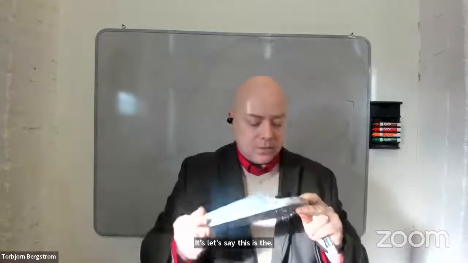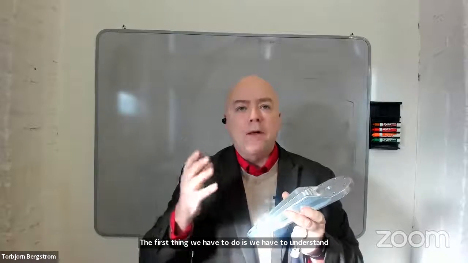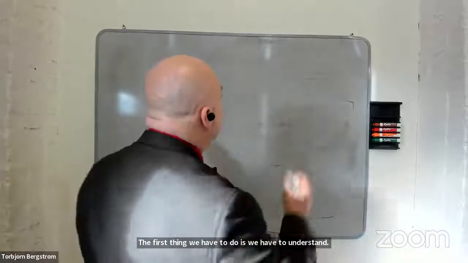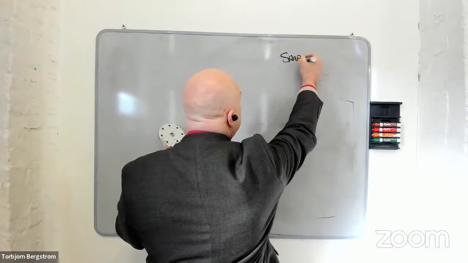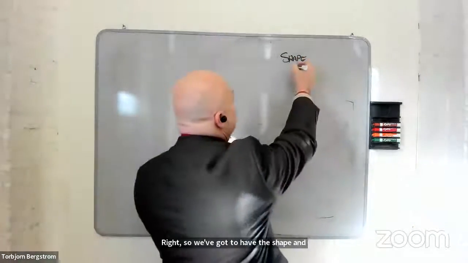The first thing we have to do is understand what are the physical properties of this part that we want to have. And so those are things like shape, geometry.